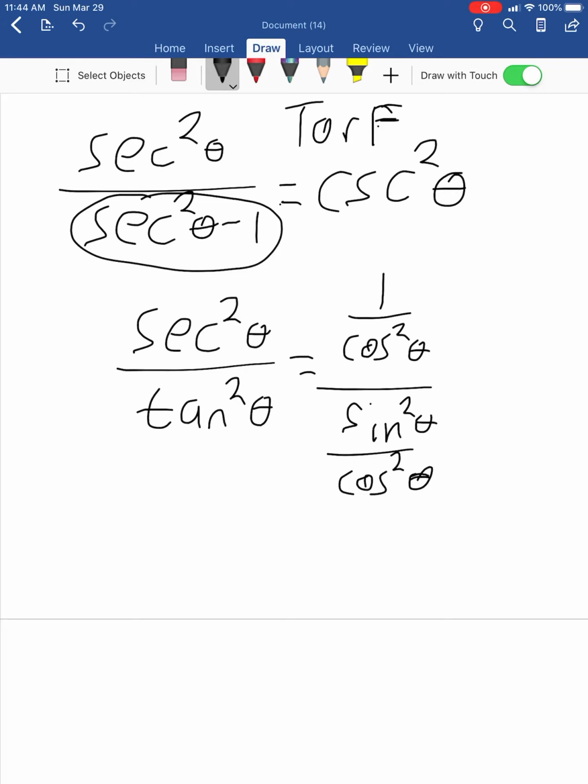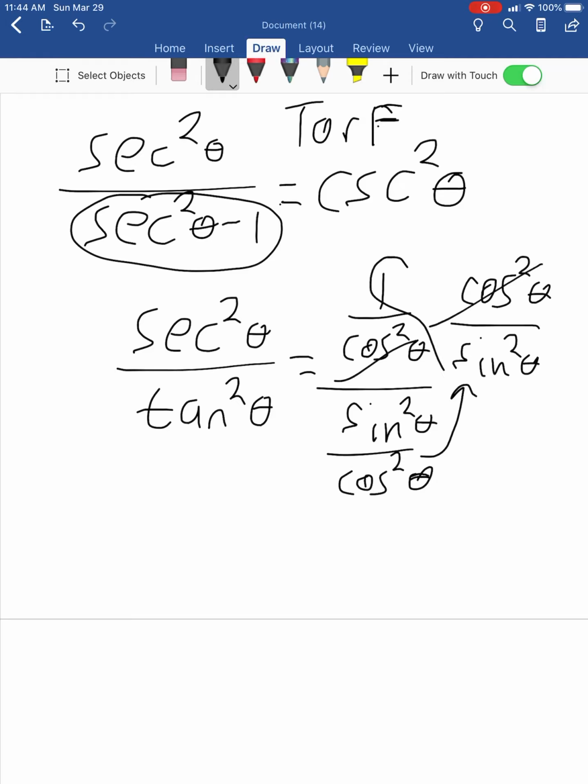And I'm dividing by a fraction, so I want to multiply by the reciprocal. This cosine cancels with this cosine. So I'm left with 1 over sine squared, which is cosecant, right? 1 over sine is cosecant. So this example turned out to be true.